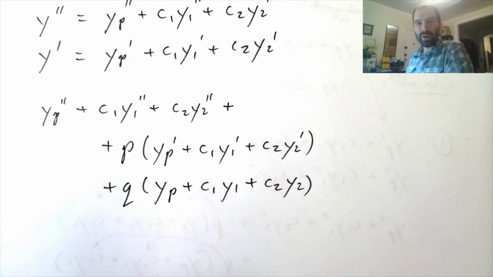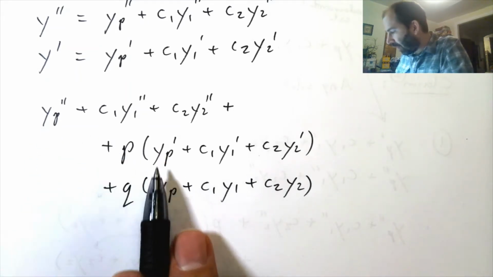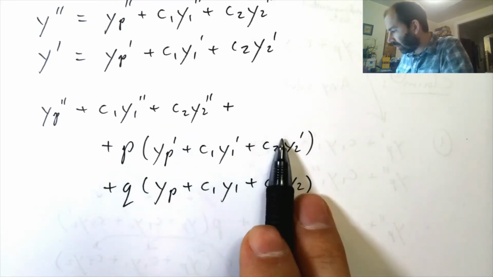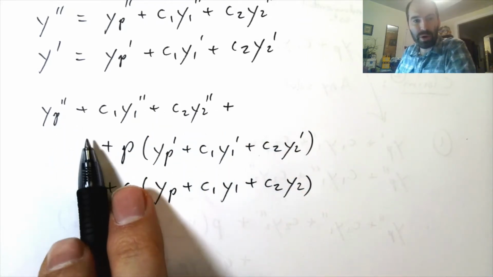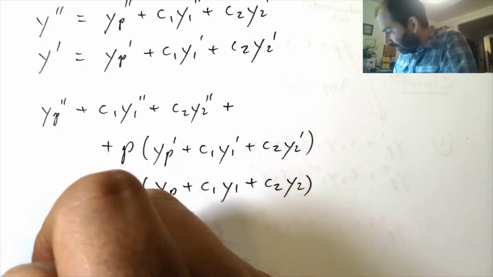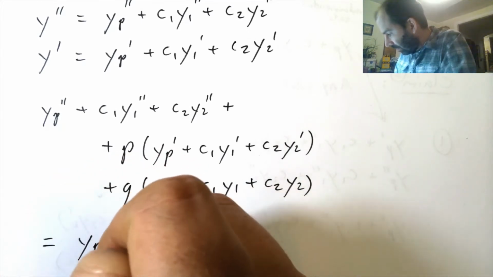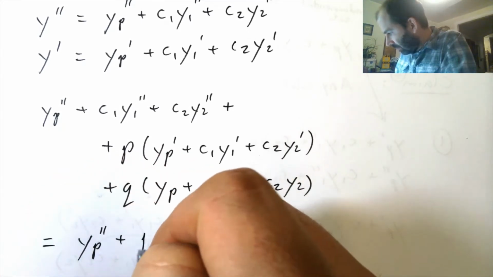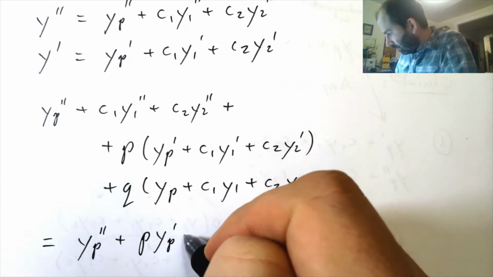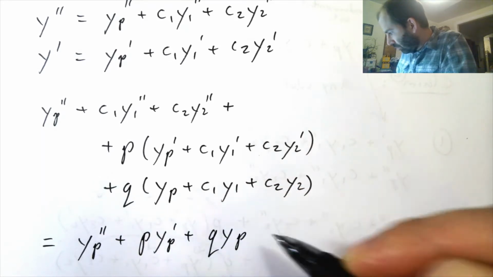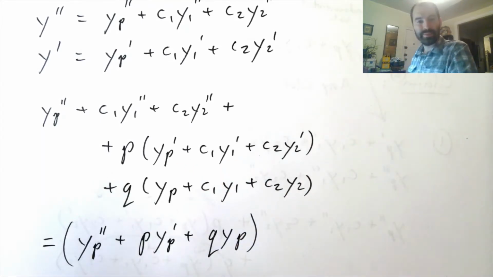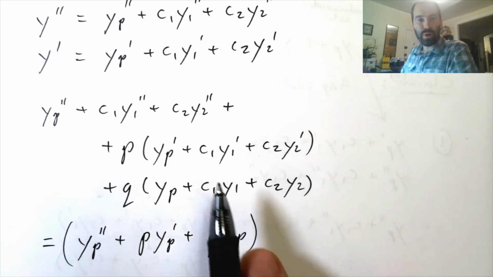What you should do here is group all the yp's, all the y1s, and all the y2s. So let's group all the yp's. If I do that, I get that. Now let's group all the y1s.